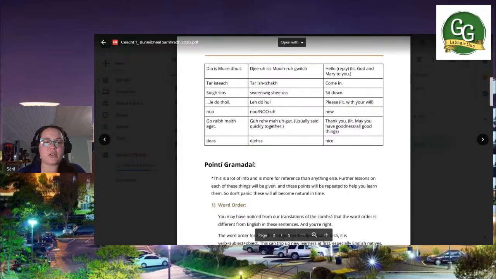Let me see if I have another example of that. I don't think we have any more. Well, the word agat is going to have A-G-A-T. So it's got to have a broad vowel on either side of that G. So hopefully that helps. Okay. Let's go up and look at mura.